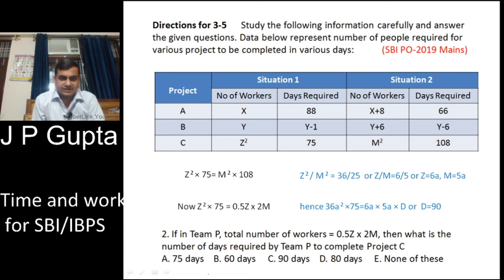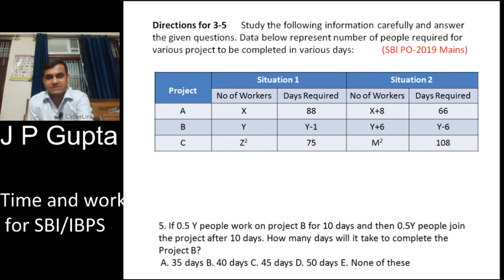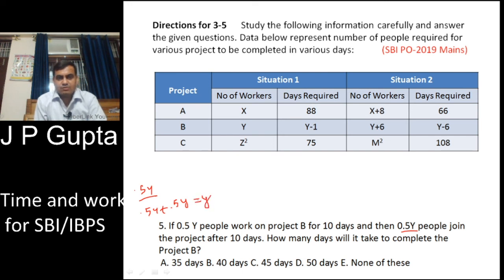Now, look at the next question, and this will be the final question for today's session. Now, look at this scenario here. 0.5 Y people work for project B for 10 days, and after that another 0.5 Y people join, means initially there are 0.5 Y, then in the second case you have 0.5 Y plus 0.5 Y, that means total Y people.